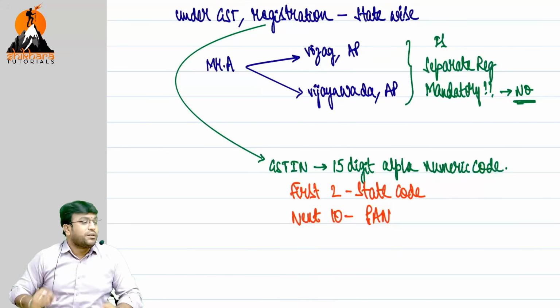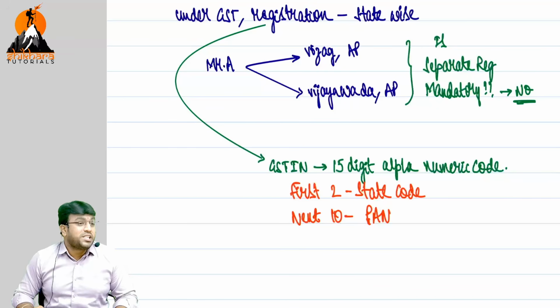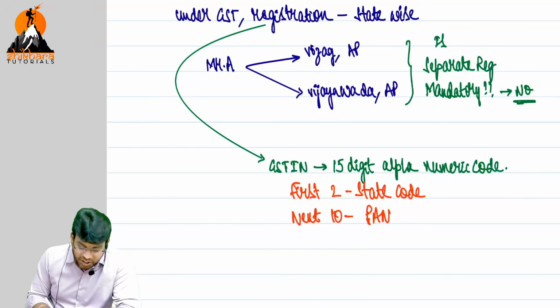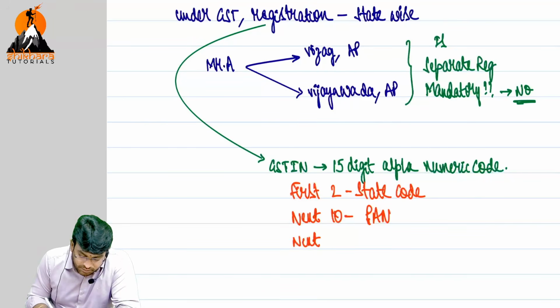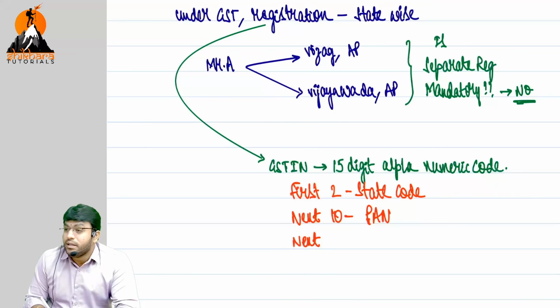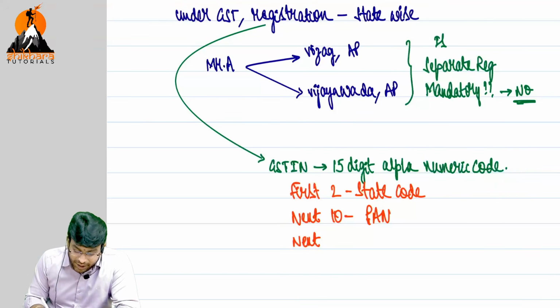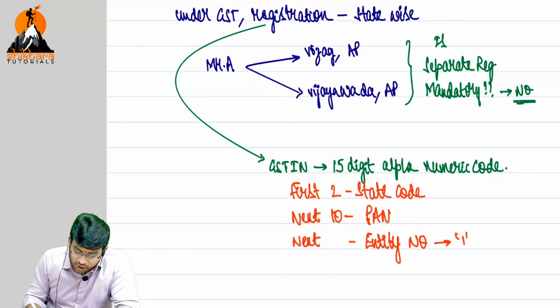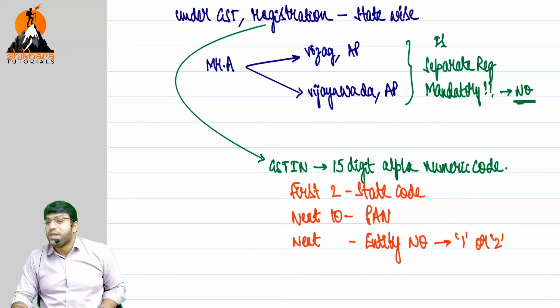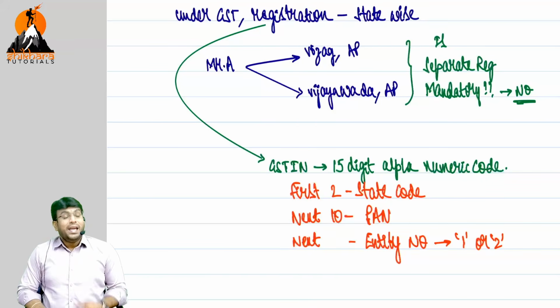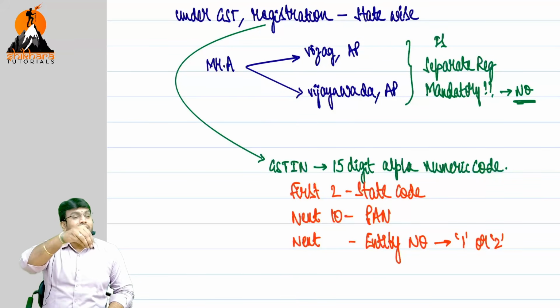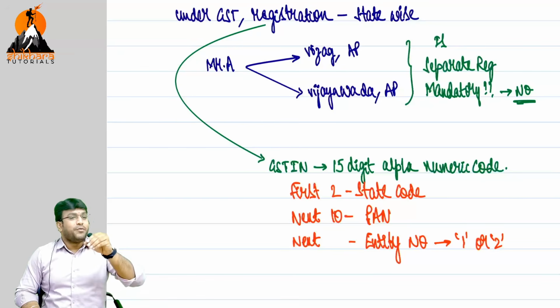So first two is what? State code. Next 10 is what? PAN. Next, how many overall? 12. Next one is the entity number. It will be 1 or 2 or 3 and keeps going. For example, in Telangana state you have taken one registration.